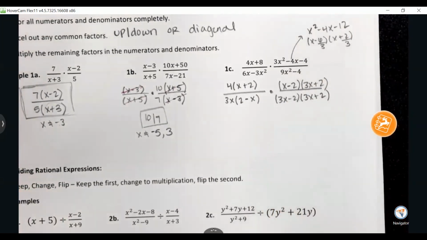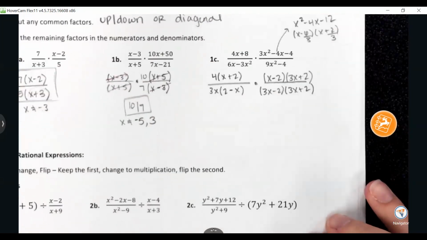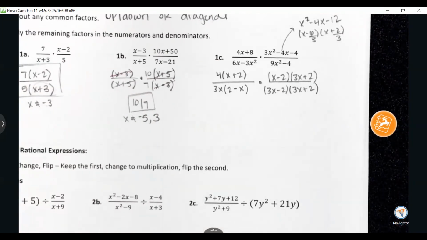Before you cancel, maybe look up to see if we got the same simplified factors. You need help? Let me know. Okay.